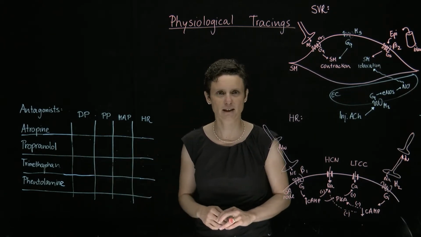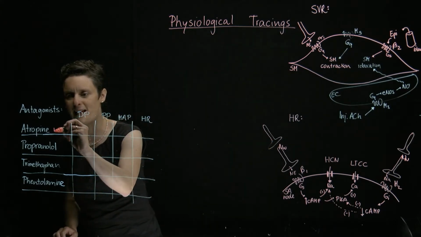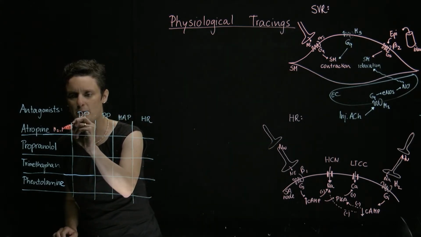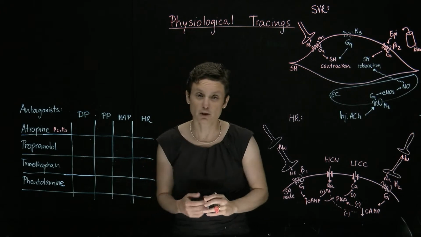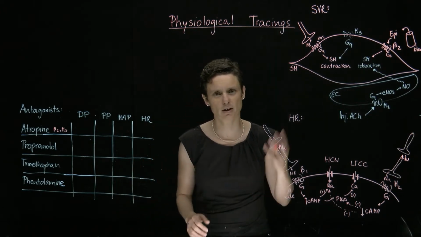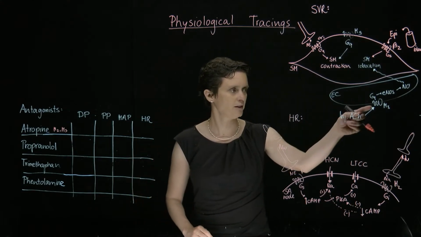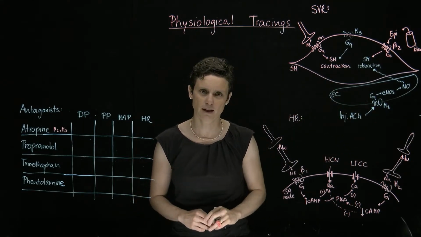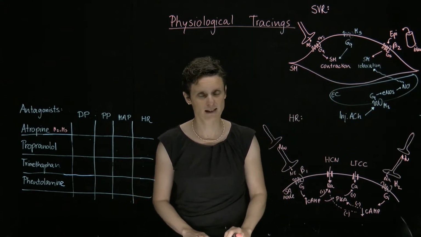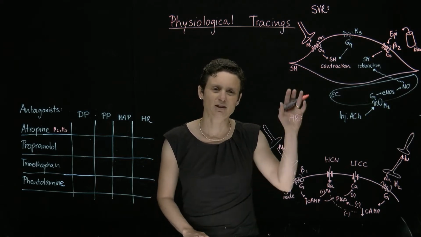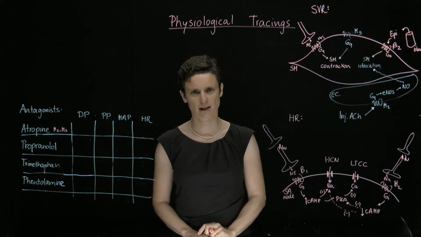Atropine is a muscarinic antagonist, so it blocks M2 and M3 receptors. So let's first look at diastolic pressure, and this is determined by systemic vascular resistance. So atropine definitively blocks the M3 receptors on the endothelial cells and on the smooth muscles, but remember, there's no innervation of these receptors.